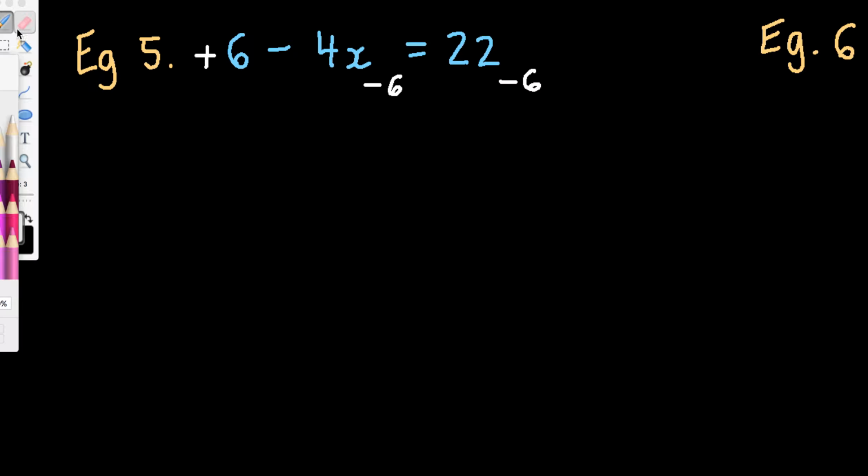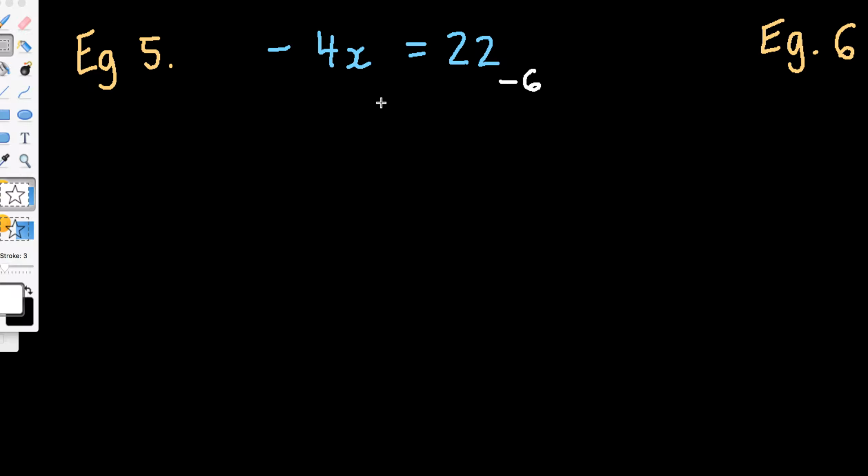All that means is this 6 and this take away 6 is the bit that's going to cancel out. Effectively, I'm going to do this to the left-hand side of the equation. But I don't really want to just rub it out, so I'm going to bring it back. There it is. I've taken away 6 from both sides.